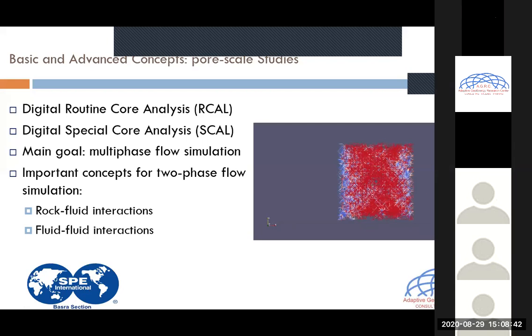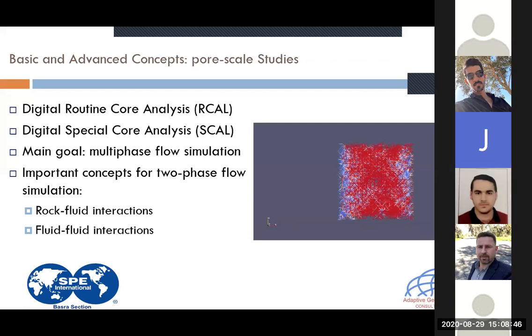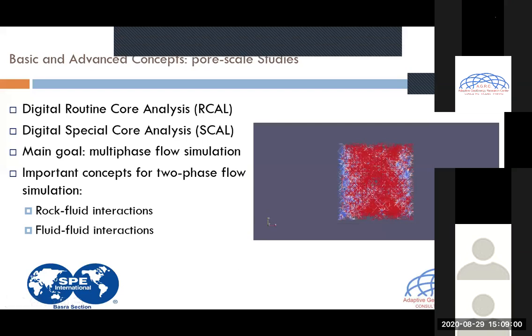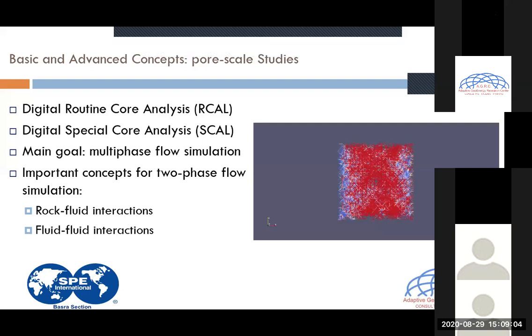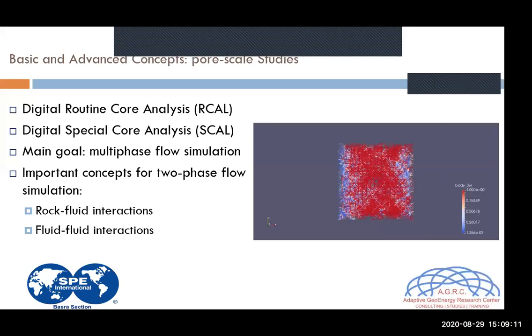And what we need in this step is to provide some important information about rock-fluid and fluid-fluid interactions. This information is really important when we think about the simulation I'm showing you, because we have to provide certain boundary conditions, some real field information when we are coding or evaluating a methodology. So we have to be careful about what we are studying, developing, and testing.